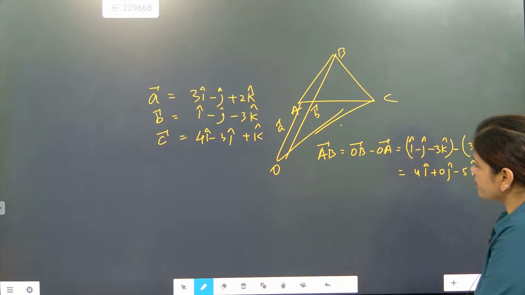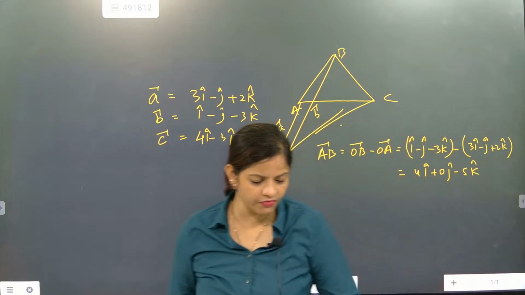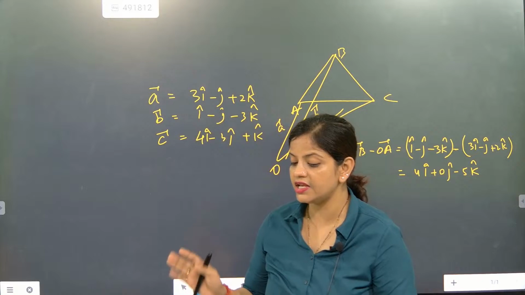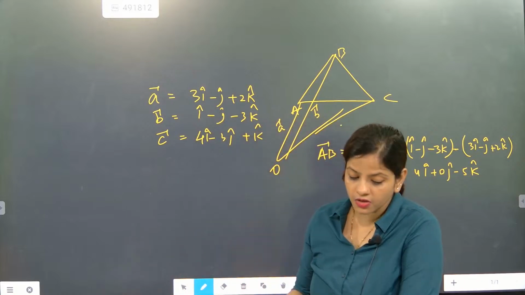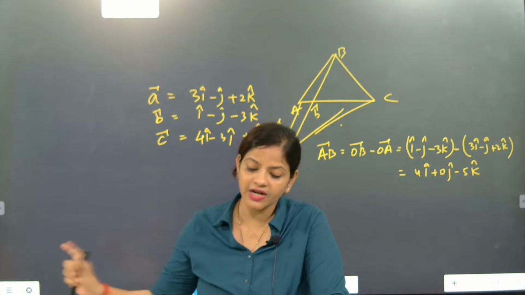This is AB. Now we need to know that for the way of finding cross product, you need to remember one thing. From cross product, finding area is the simplest one. You only need AB and AC.